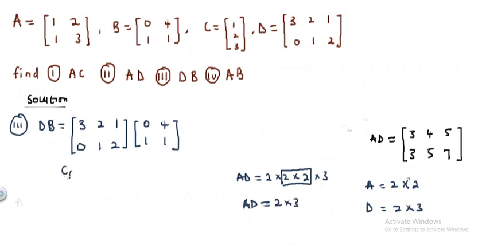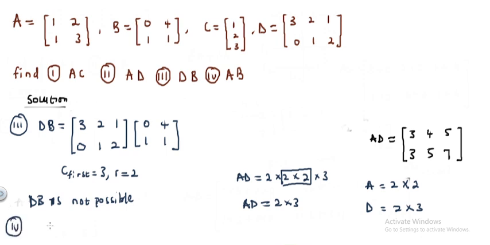So the columns of the first matrix are 1, 2, 3. Now the rows of the second matrix are 1, 2. So rows is 2. That means multiplying matrix DB is not possible. Move on to the next.